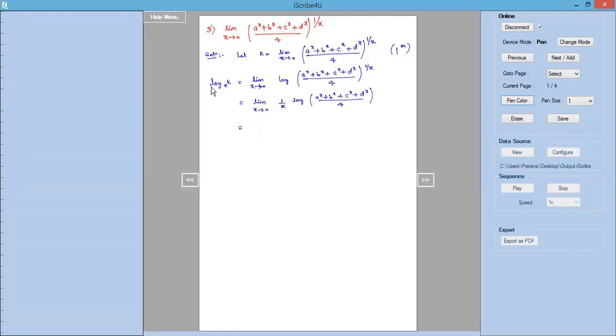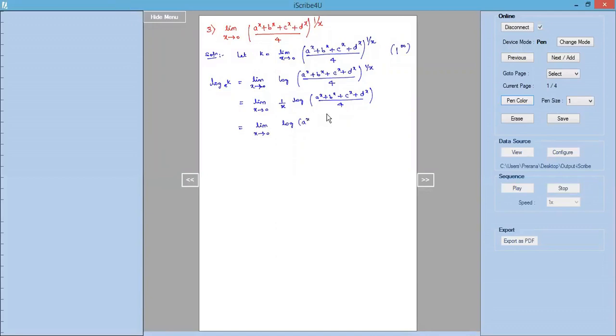Now this is one and the same as writing in the division form. We have this in the form log of a divided by b, I can write it down as log a minus log b.